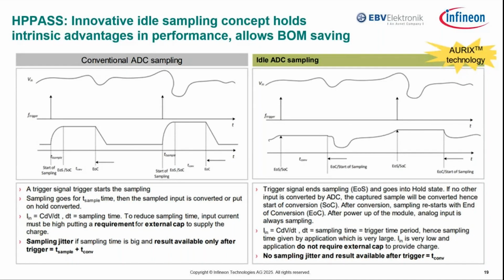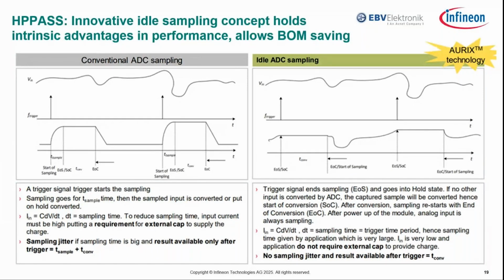But on the other hand, the idle ADC sampling method used in the PSOC Control C3 comes from the automotive grade AURIX platform. In this method, because sampling is continuous, the peripheral is busy only during the conversion step. As a result, the capacitor in the sampling circuit does not discharge before the next reading.